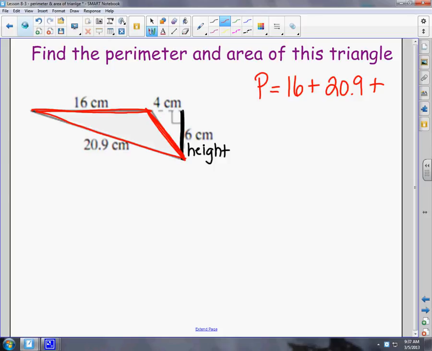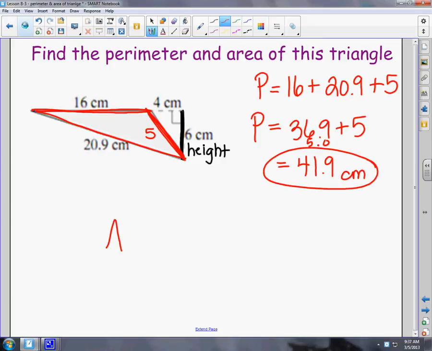So we're going to estimate it at 5. So then my perimeter would be 36.9 plus 5, so if I added 5 there, 41.9 centimeters.